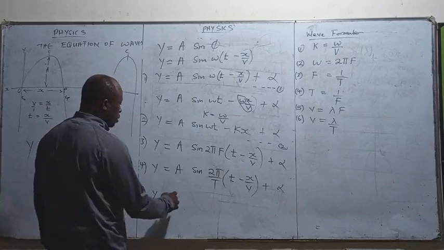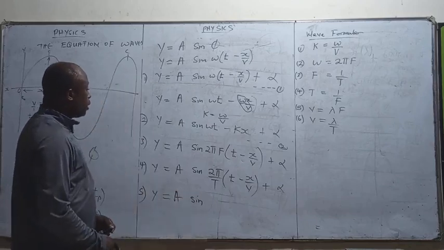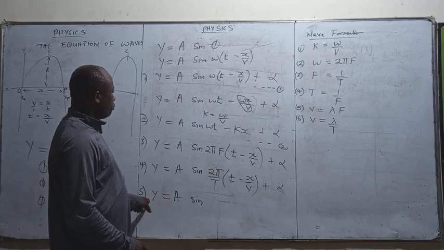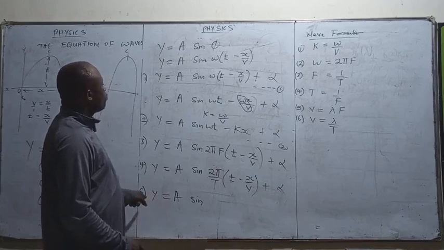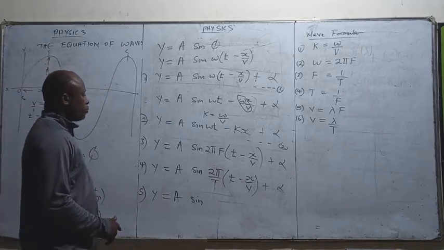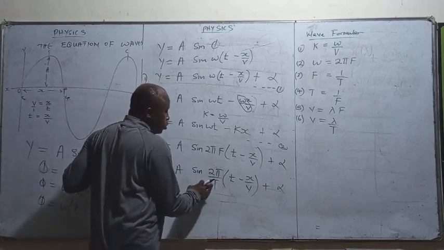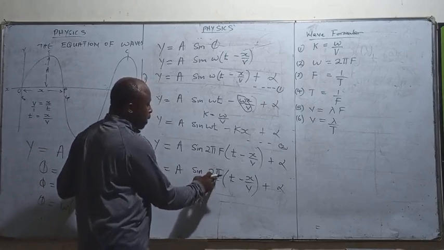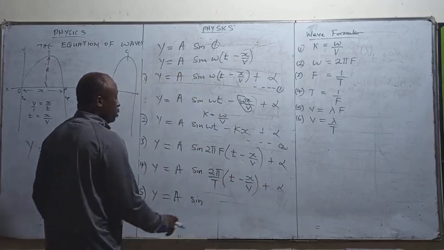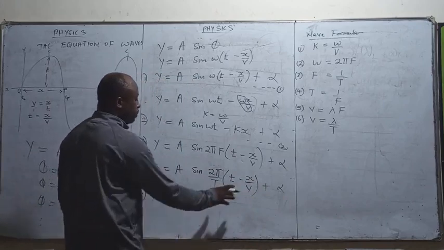Y equals A sine. But how do we build equation 5? Where are we getting it from? So where do we get equation 5 from? So we look at it. Equation 5 will simply come from using this 2 pi over T to multiply the denominator in the brackets.